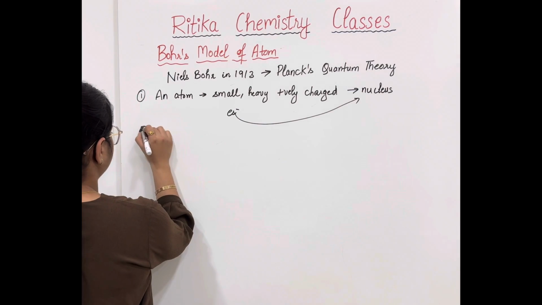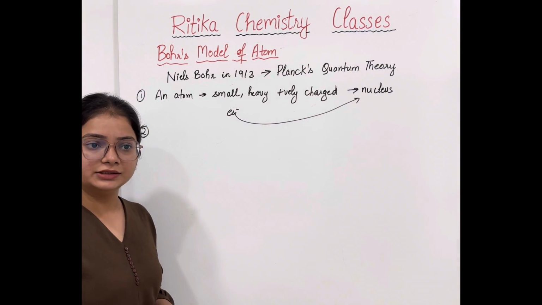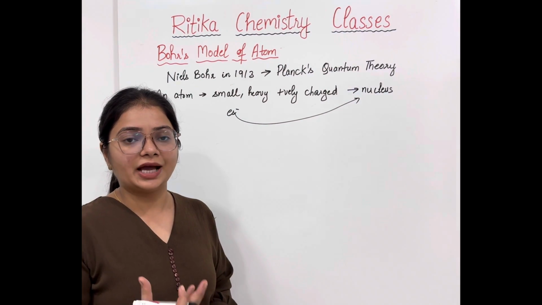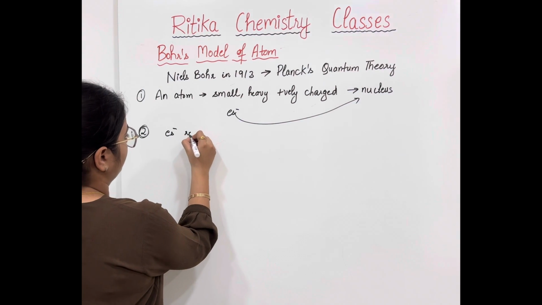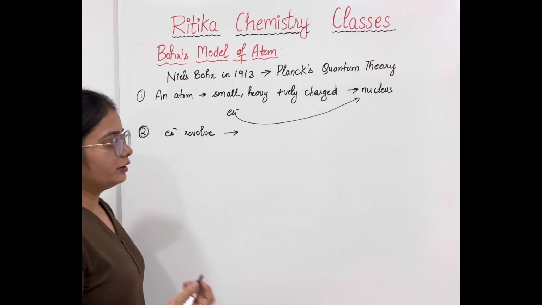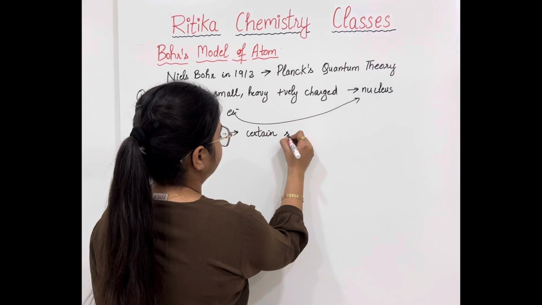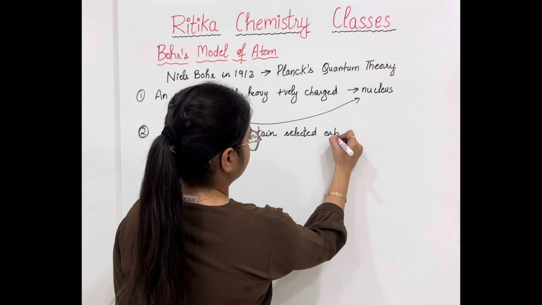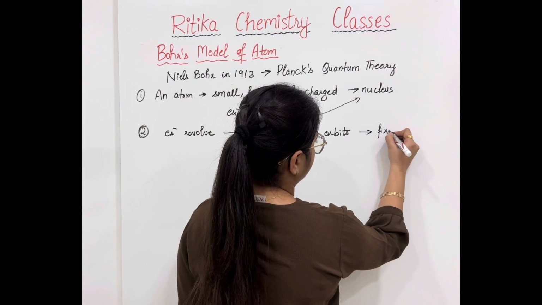Second, the electrons revolve around the nucleus in only certain selected circular orbits having fixed energy.